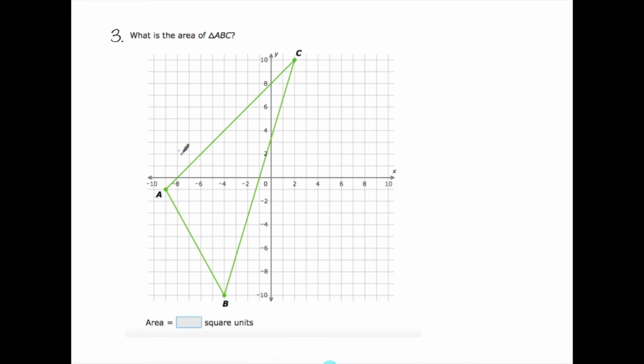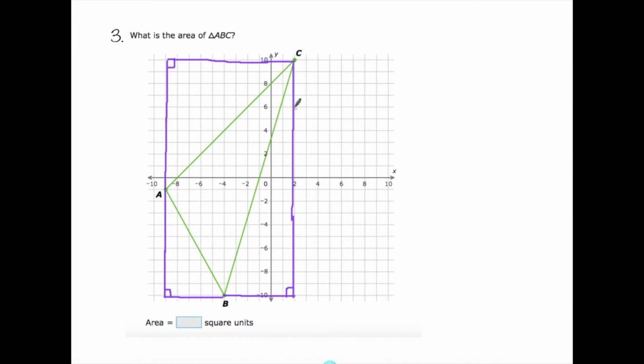So what I'm going to do is create a right triangle here, and we could calculate the area of this section, and then we could calculate the area of that right triangle. And why is that useful?